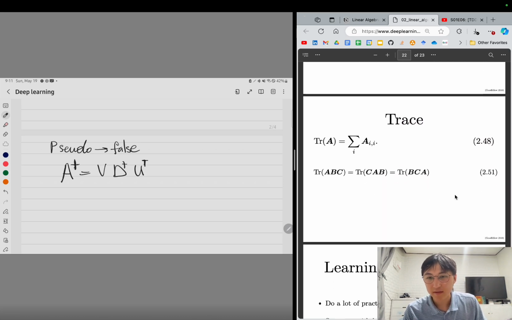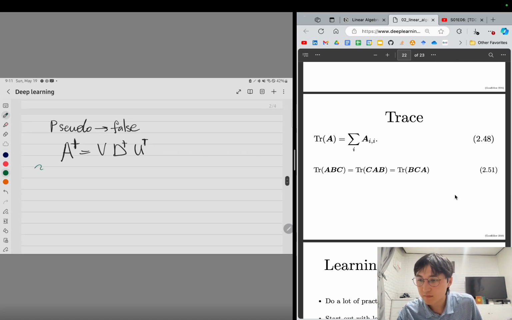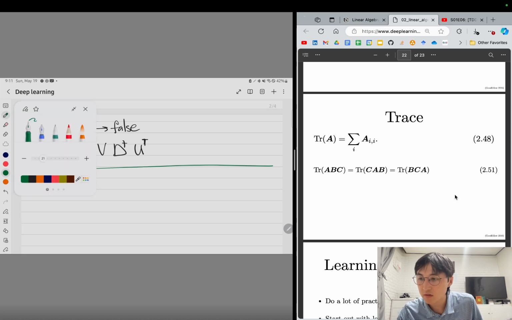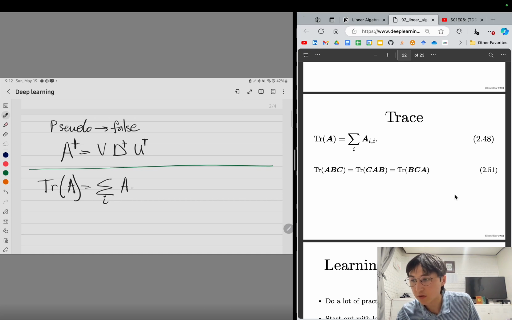Okay, trace. If we go to the formula here, it's clear what the trace is. There are many other definitions in linear algebra. I think you have heard about the determinant, among other things. So here, what is trace? Trace is the sum of the diagonal elements A i i.